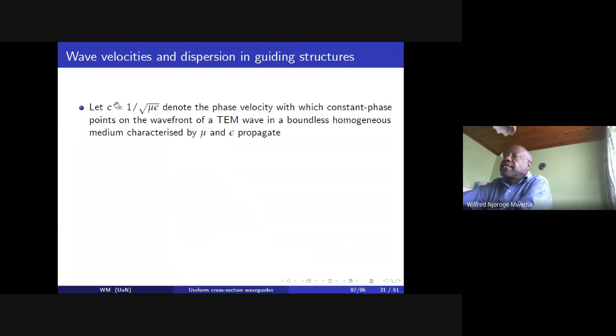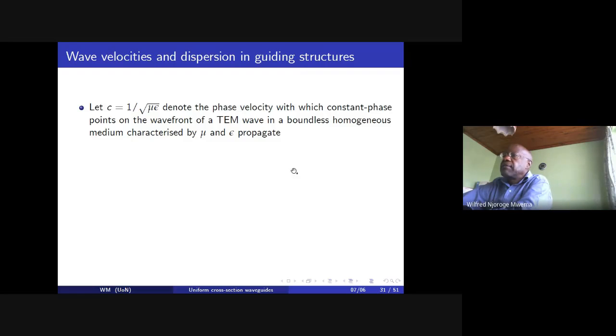So let C equal 1 over root mu epsilon to denote the phase velocity with which constant phase points on the wavefront of a TEM mode propagate in a boundless homogeneous medium characterized by mu and epsilon.